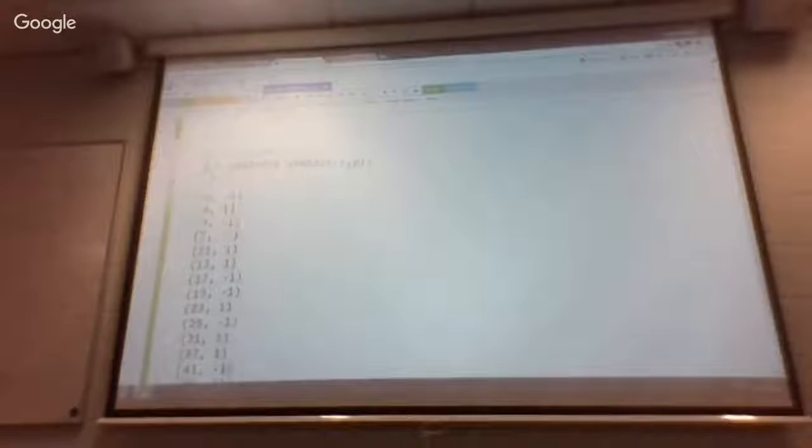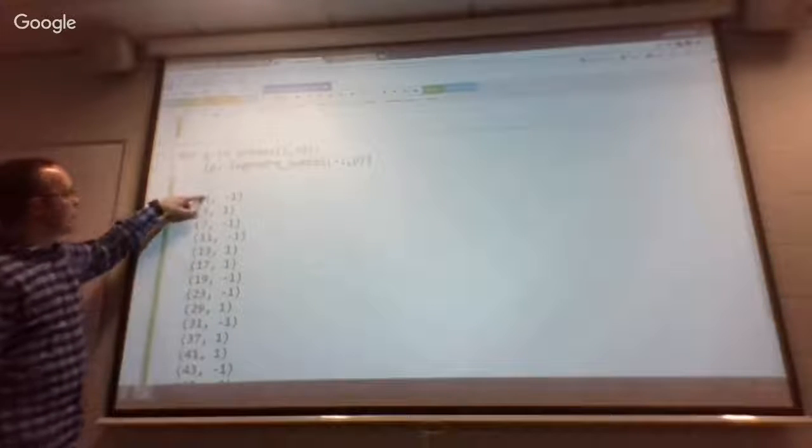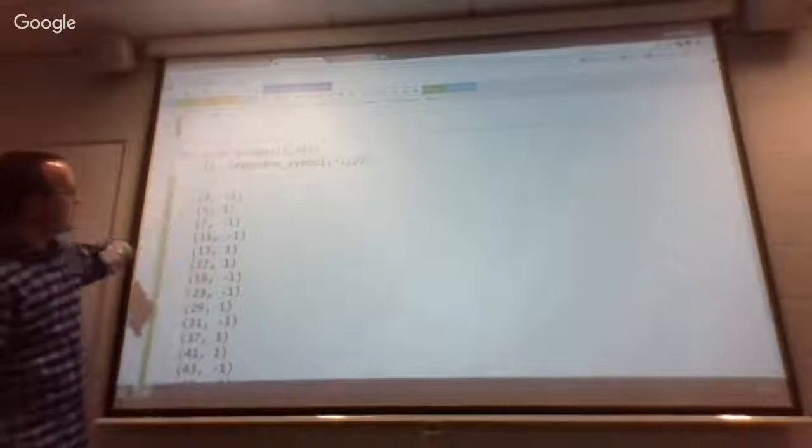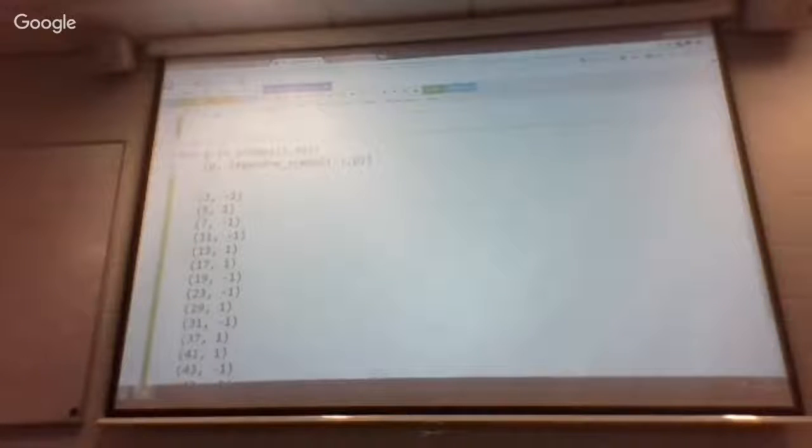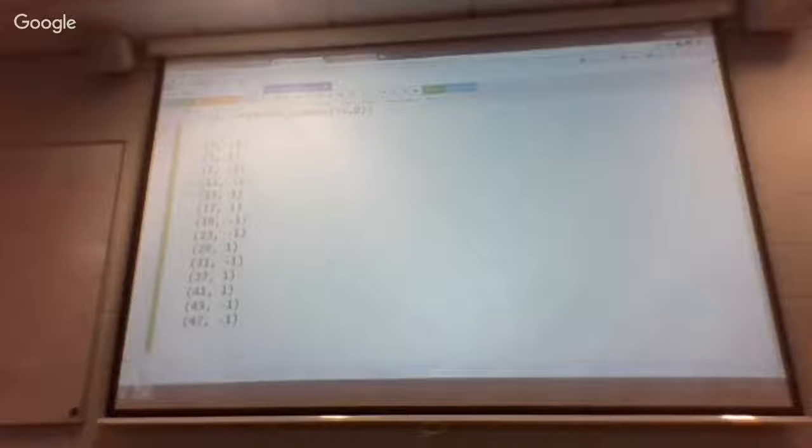So these are all the values of the Legendre symbol of minus 1 for a whole bunch of primes between 3 and 50. So we might look at these and ponder this and see, can we spot any pattern?